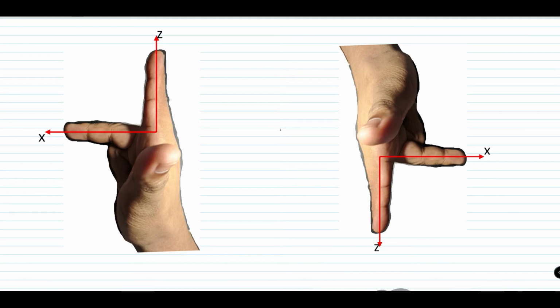So, yan ngayon yung right hand rule for the axis na gagamitin din natin sa analysis nung footing natin. So, susundin lang natin dito kung ano yung axis na ginagamit ni STAAD, which is ito.